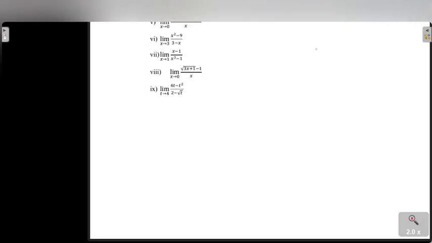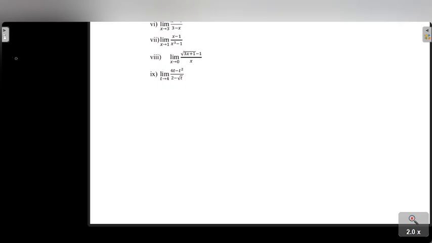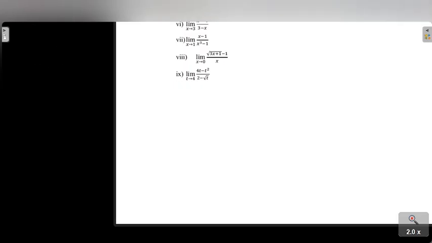Then next, our last question that we'll do will be part 8. So for part 8, what we have is the limit as x approaches 0 of the square root of 3x plus 1 minus 1, over x there.